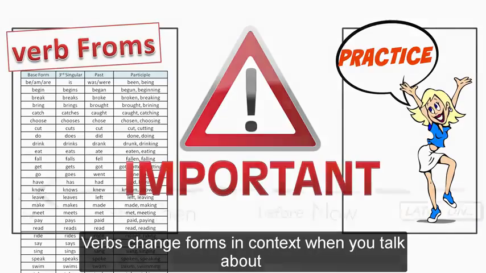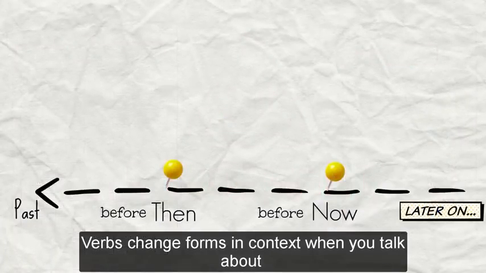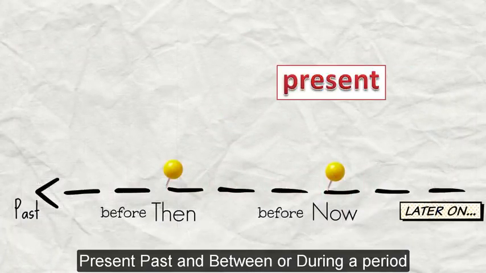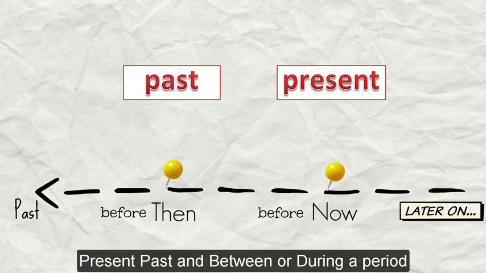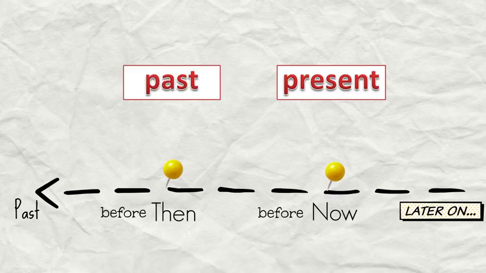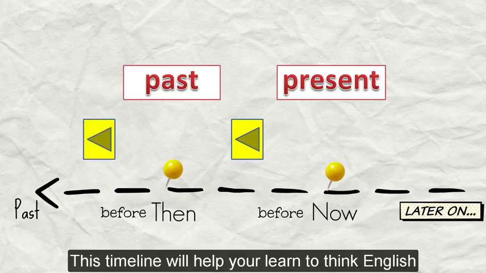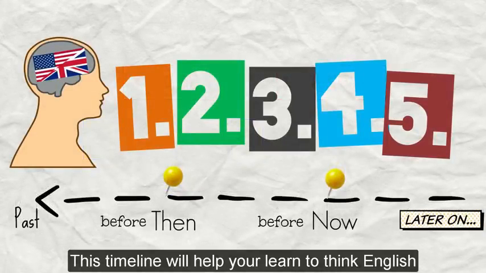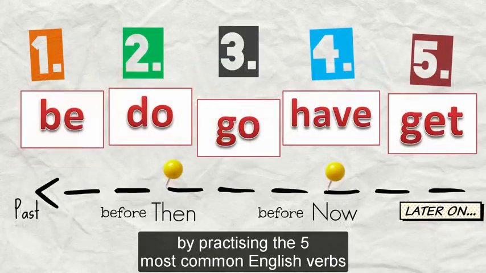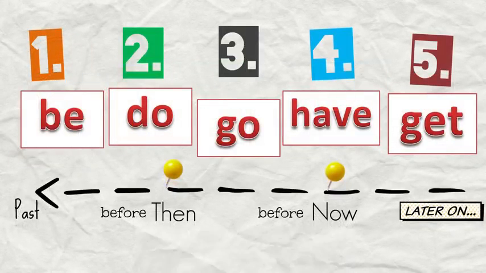Verbs change forms in context when you talk about present, past, and between or during a period of time. We can leave out the future forms for now. This timeline will help you learn to think English by practicing the 5 most common English verbs: be, do, go, have, get.